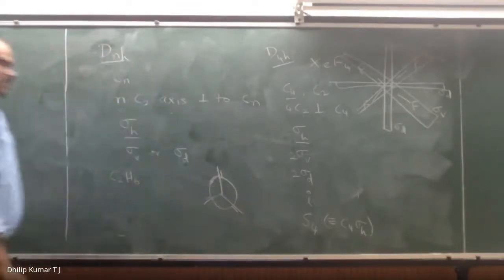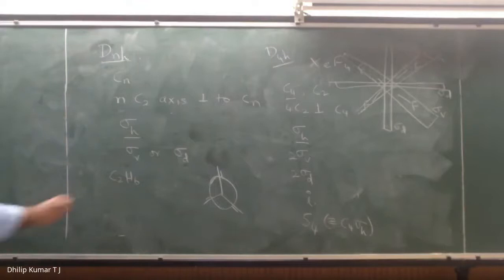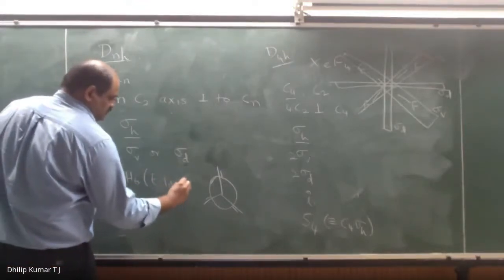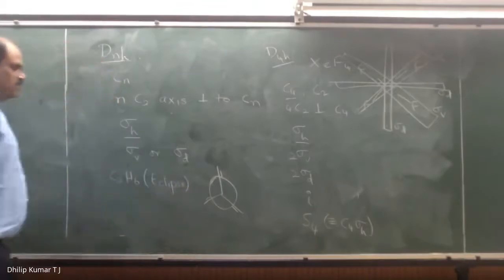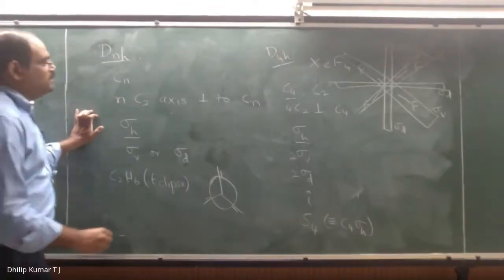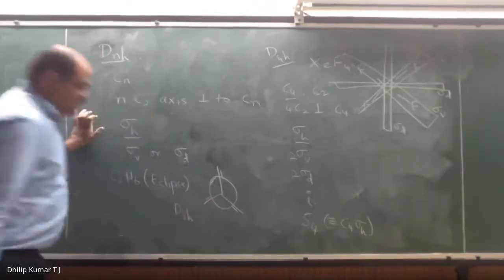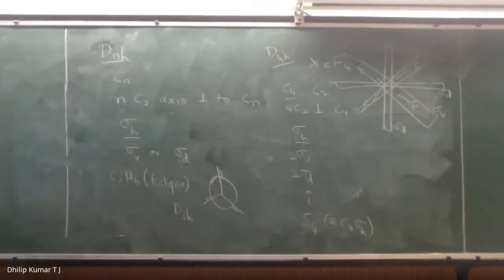So this conformation is eclipsed. This molecule, ethane eclipsed, is D3H. So you can find out what symmetry elements are present. It will have C3, and then sigma h.